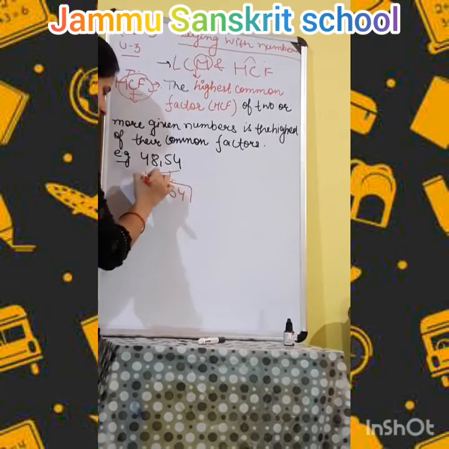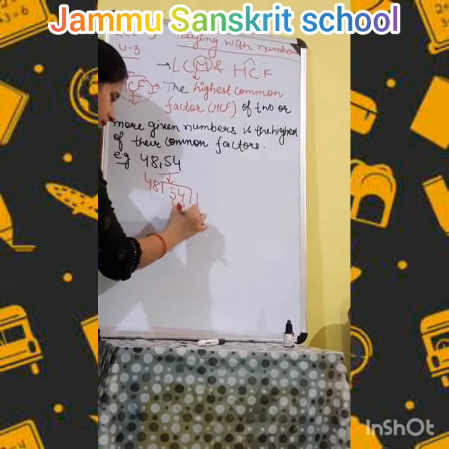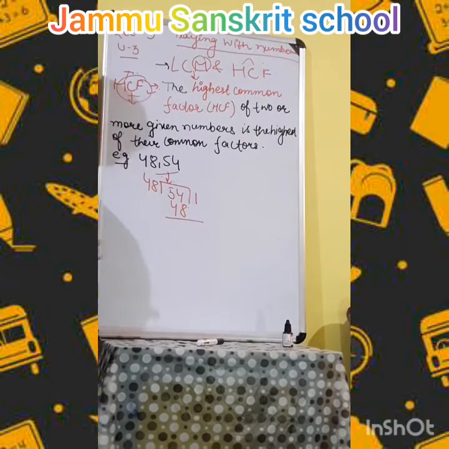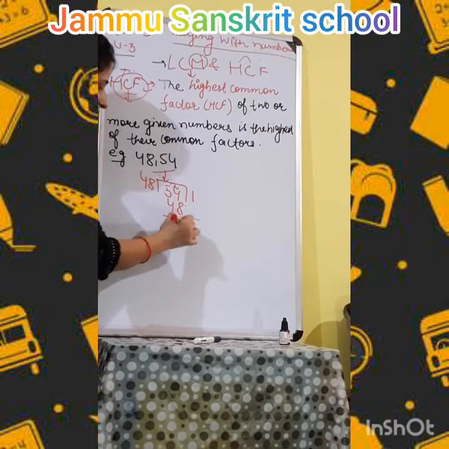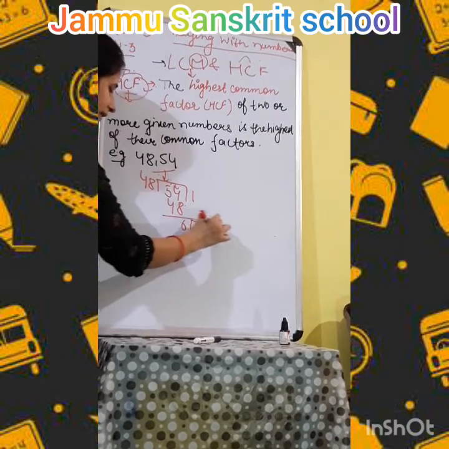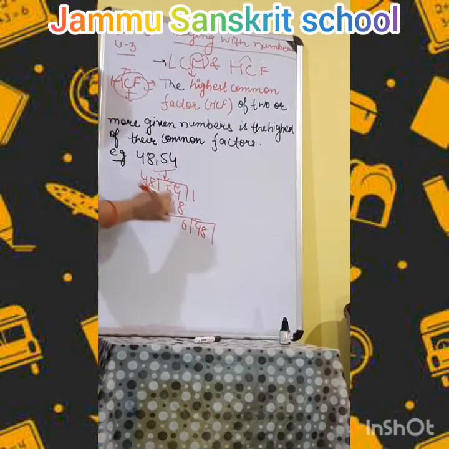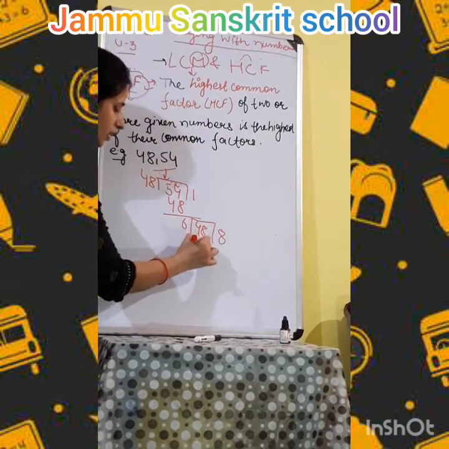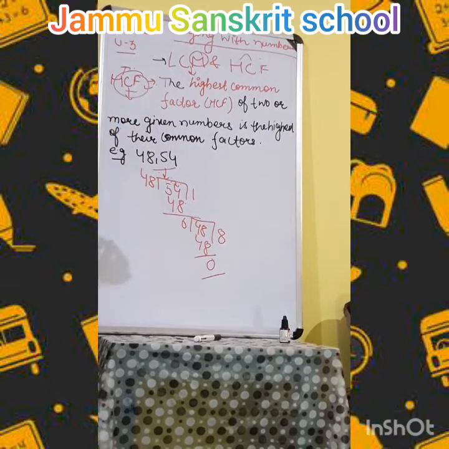54, 48. Okay, 48 1, 48. We'll take carry from here. 54 minus 48, we are left with 6. Now it will become the divisor. 48, 6 eights are 48. 48 minus 48 is 0.